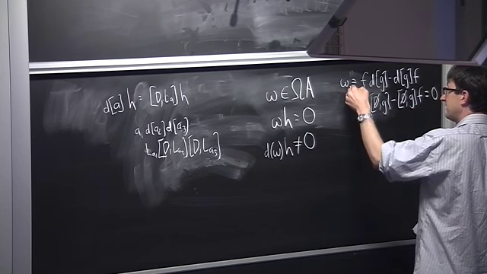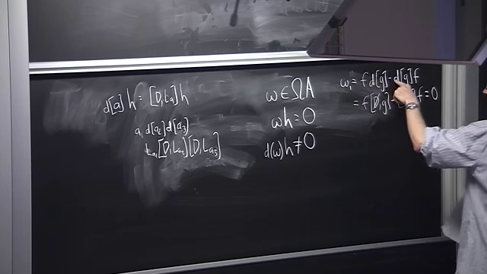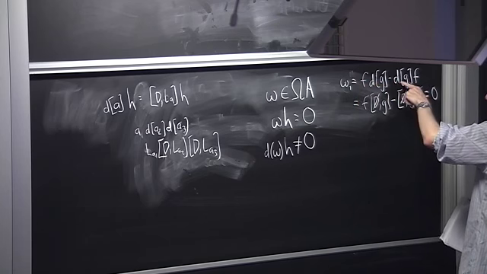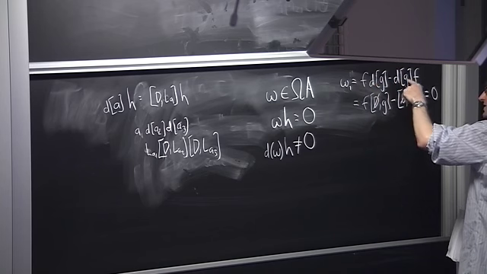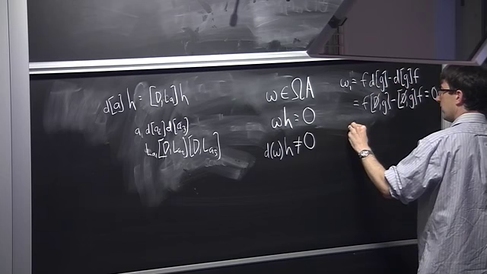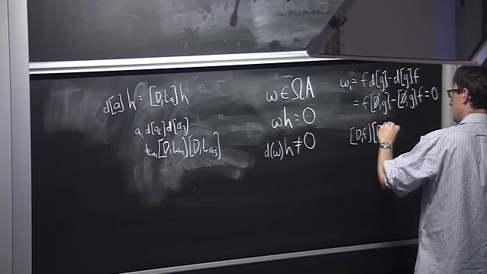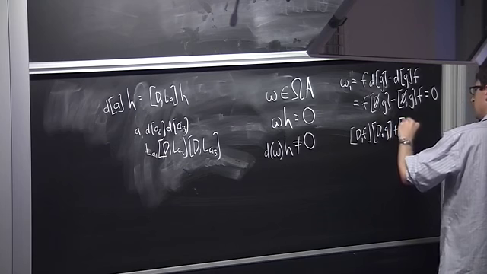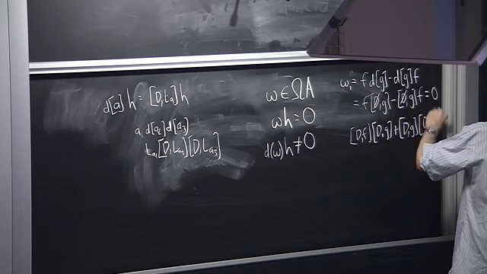But if you take d of this and use the graded Leibniz rule, you pick up a minus sign, so this becomes df dg plus dg df. That is, the commutator of D with f times the commutator of D with g, plus the commutator of D with g times the commutator of D with f.